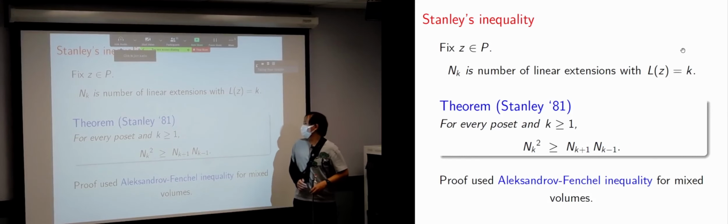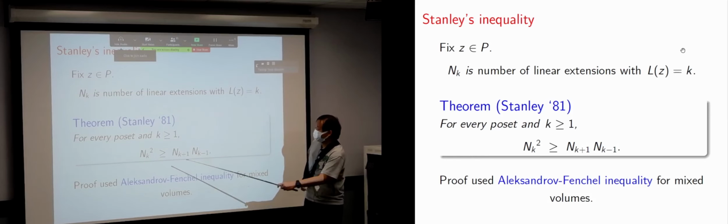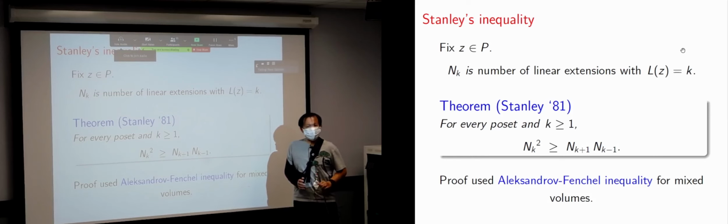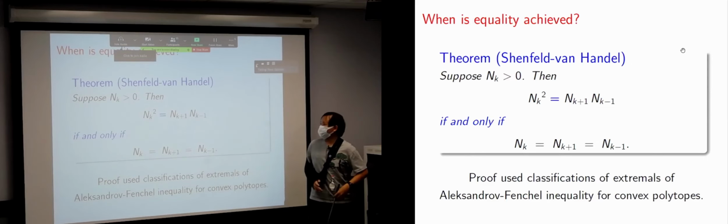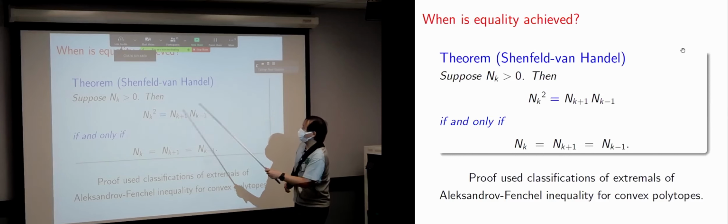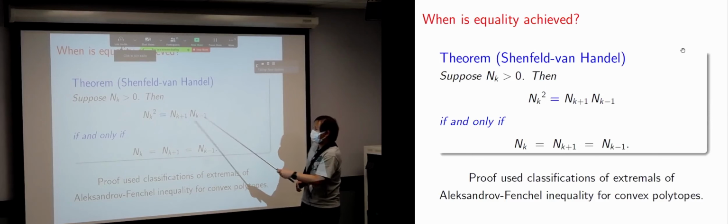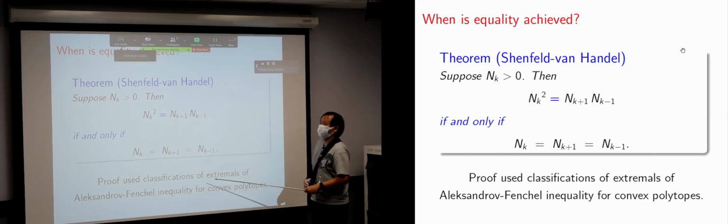Very nice proof. And in the same paper, Stanley asks what the condition will be for this inequality to be an equality. This question, which sounds very simple, turns out to actually be very hard. And it was only solved last year in May 2020 by Shenfeld and van Handel, where they show that this inequality is an equality if and only if these three numbers are equal, that n_k is equal to n_{k+1} is equal to n_{k-1}.